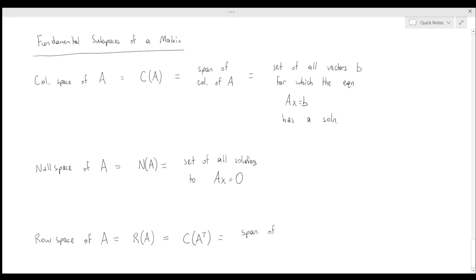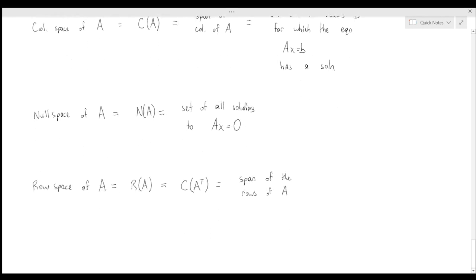In words, we can say the row space of A will be the span of the rows of A, thinking of the rows of A as vectors. Okay. And then there's one more fundamental subspace, which we call the left null space of A. The left null space of A is simply the null space of A transpose.